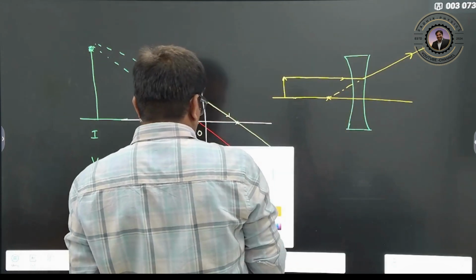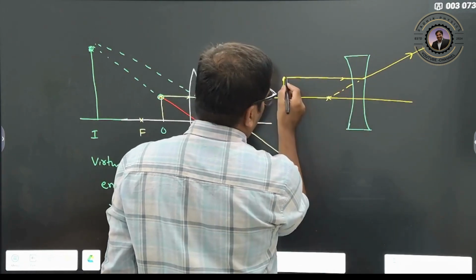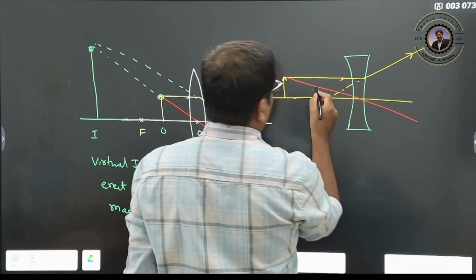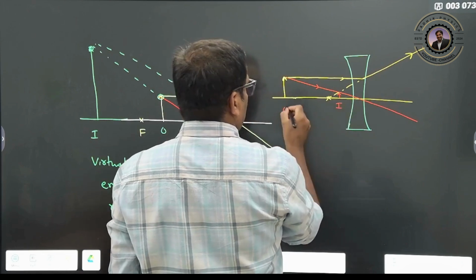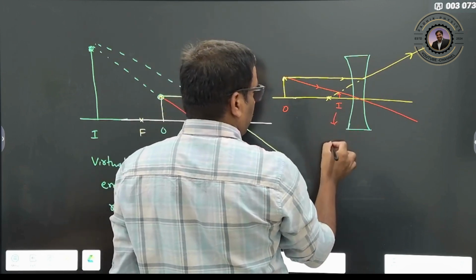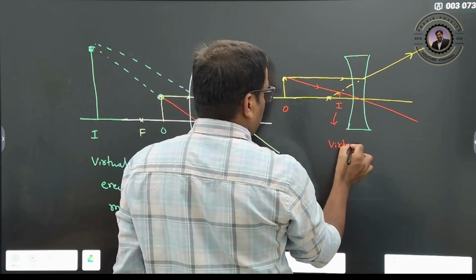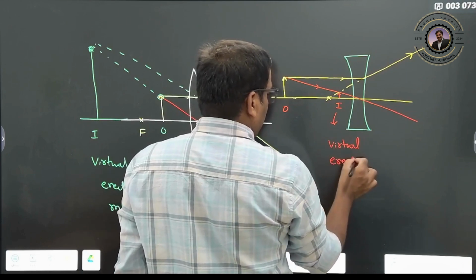Take one more light ray here. So this is your image, and this is your object. What can you write here? It will be virtual, erect and diminished.